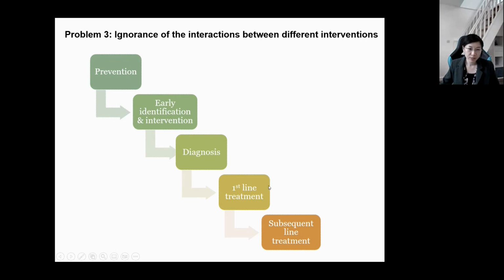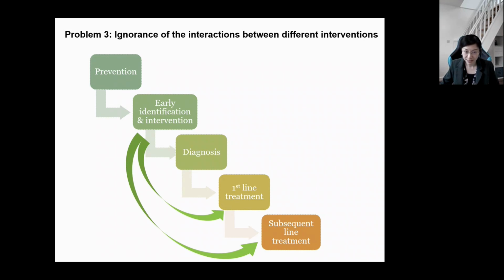So this figure shows a complete care pathway for a disease. And there are interactions between different parts of those care pathways. For example, the cost effectiveness of a first-line antipsychotic treatment or subsequent-line antipsychotic treatment might depend on the cost effectiveness of early identification and intervention.